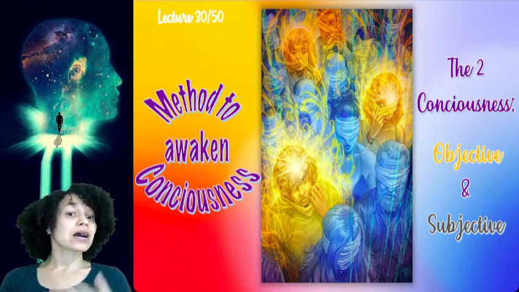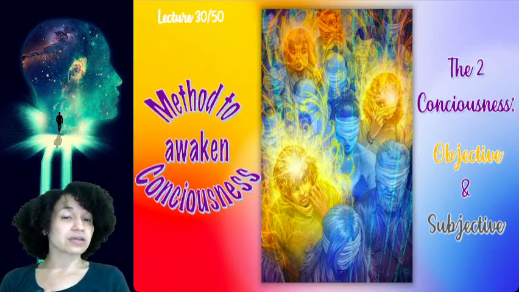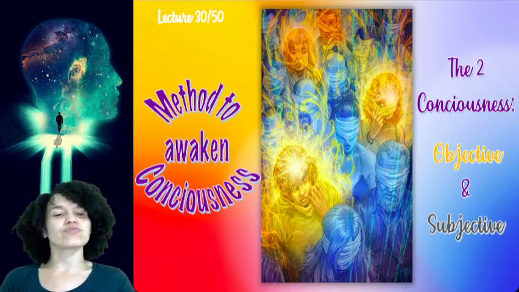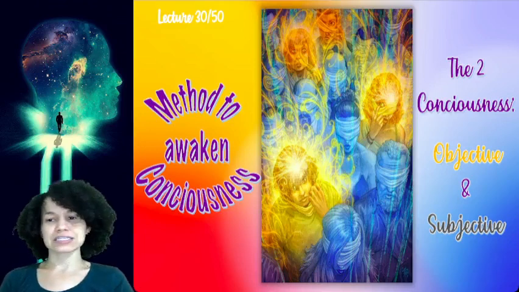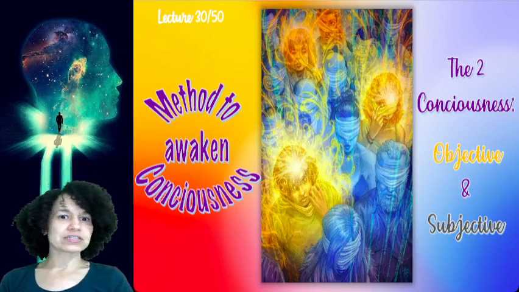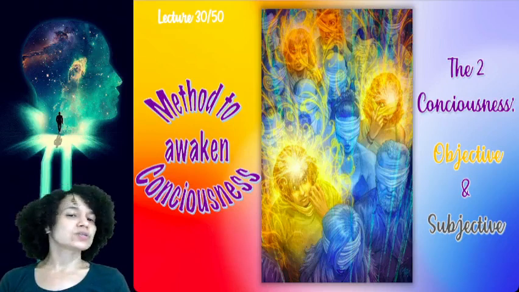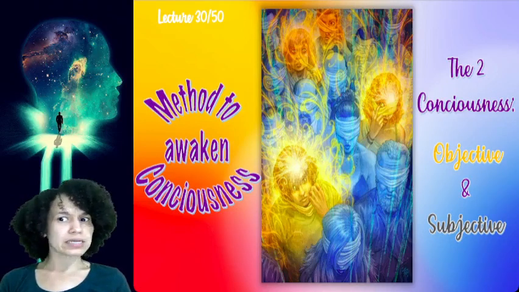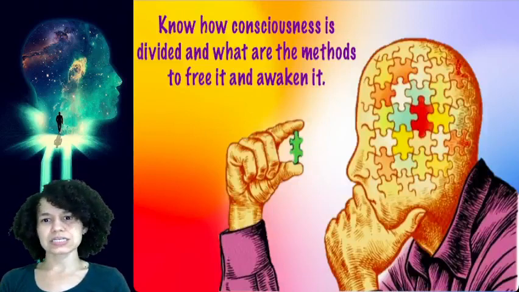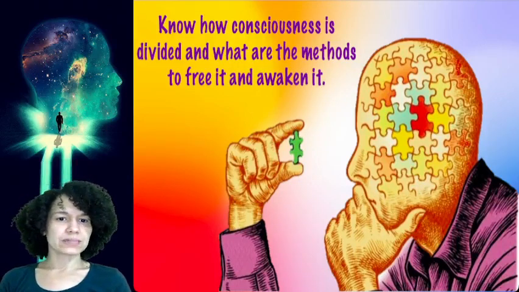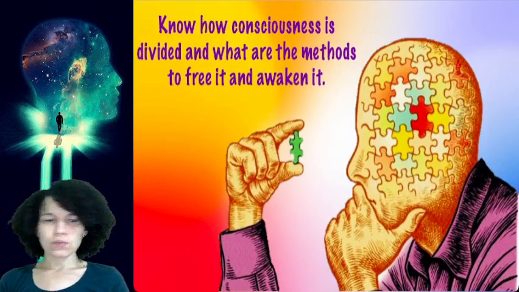We are going to see how we can awaken our objective consciousness and how we can free and awaken our subjective consciousness. So I think that the first thing that we should make clear is what is objective and what is subjective. And let's start with today's lecture.